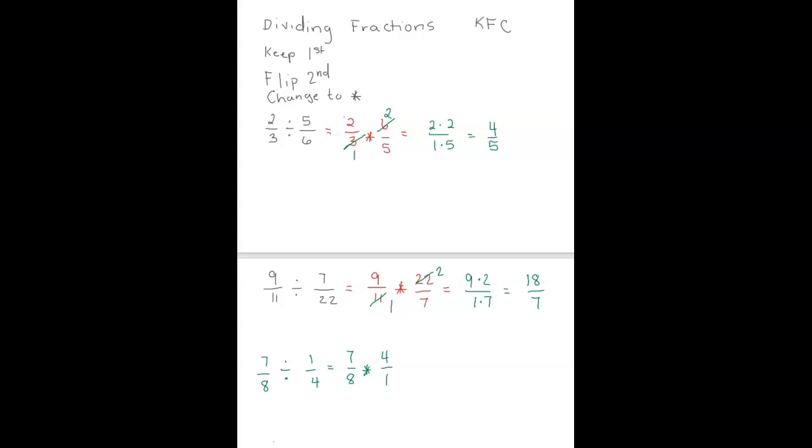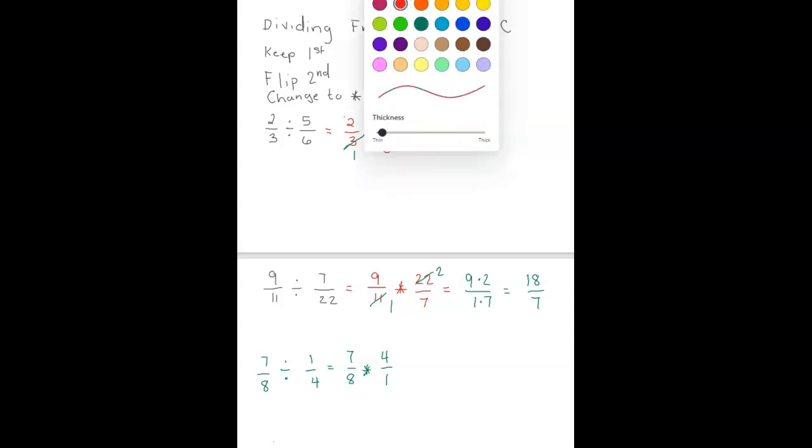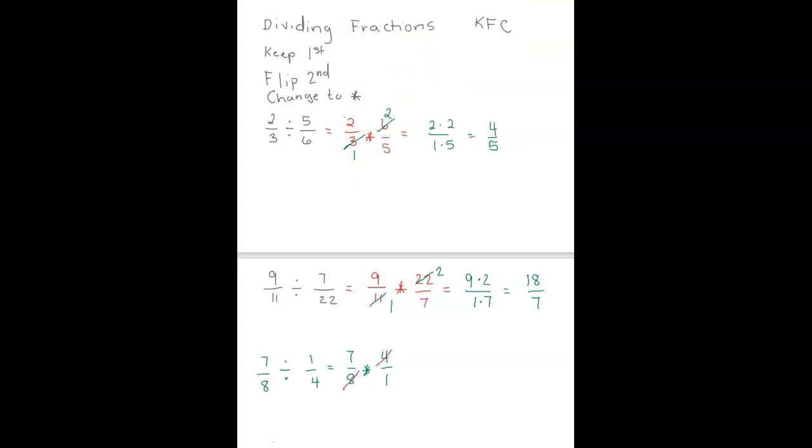I see that I have a 4 here and I have a 4 hiding in this 8, so I can cancel those out. So that becomes a 2. This becomes a 1. So I have 7 times 1 over 2 times 1, which of course is going to get me 7/2.